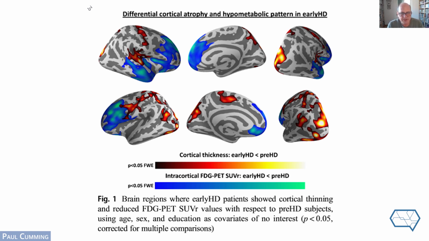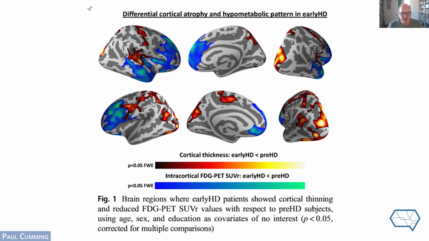So here on the red scale, you see that they contrasted very early Huntington's, with the very first manifestations, compared to people who were known carriers and therefore sadly doomed to develop the disease, but had as yet no actual evident motor disturbances or cognitive disturbances.